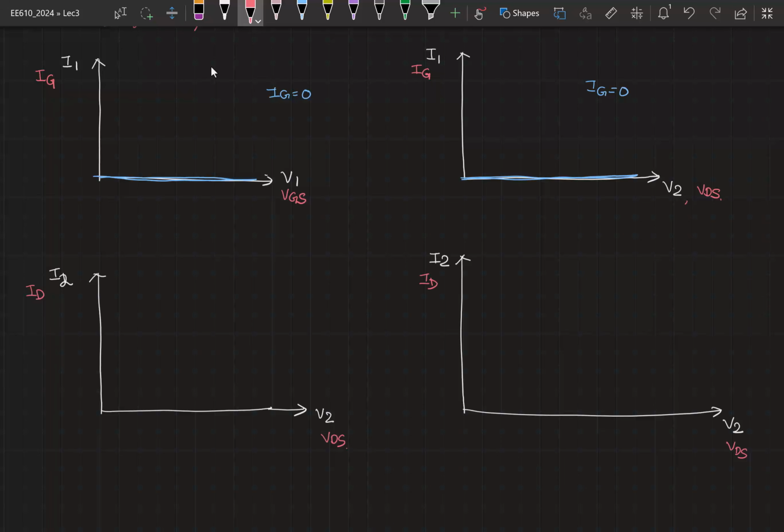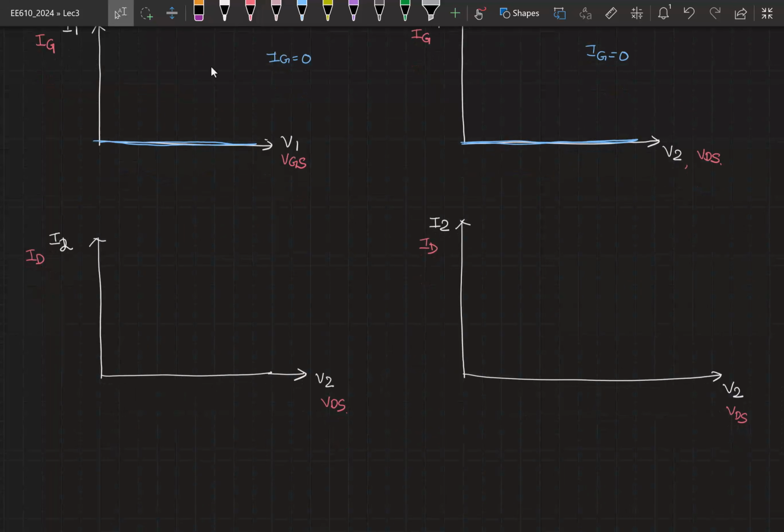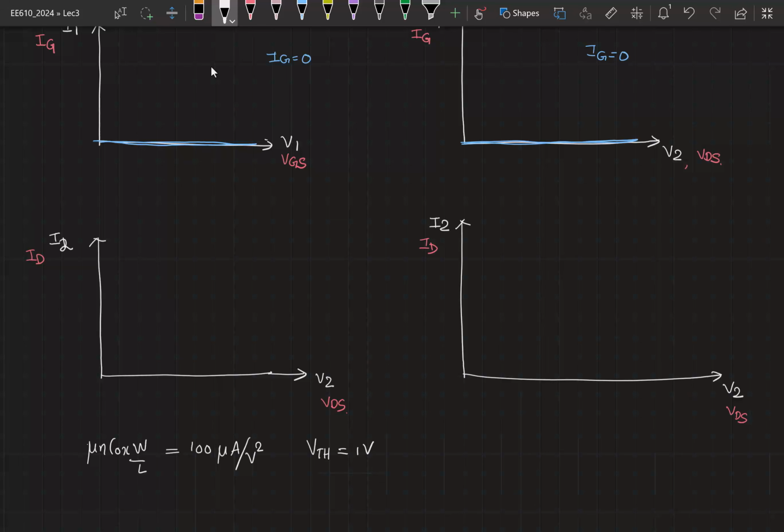To give you a feel of numbers, I will plot this with certain parameter values. I'm going to assume that mu n COX W by L is 100 microampere per volt square. VTH is equal to 1 volt. I'll first start with the ID versus VDS plot.